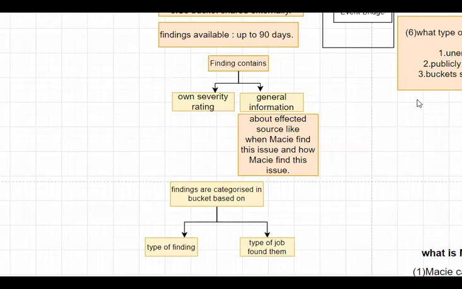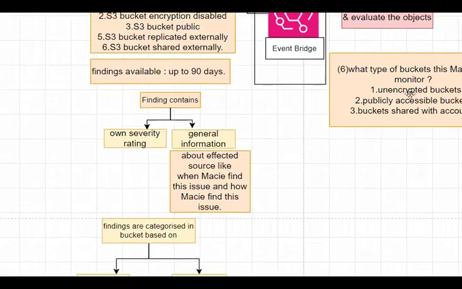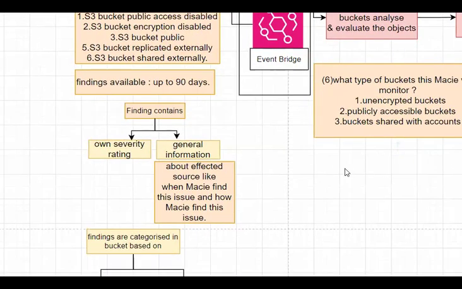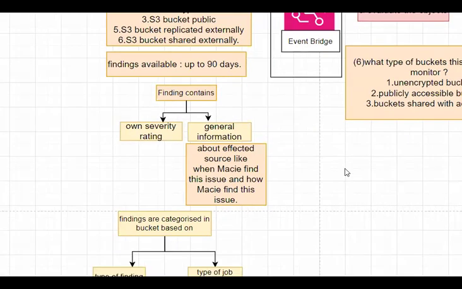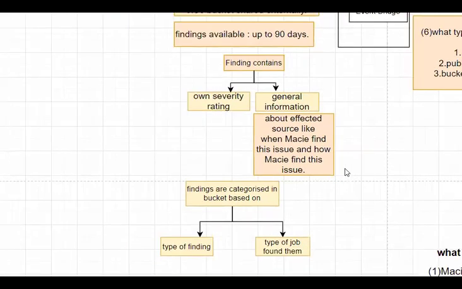Now let's see some more detail about what type of objects it is able to monitor. It can monitor both encrypted and unencrypted objects. Let's say I have an S3 bucket with different modes of encryption. Can Macie read and analyze my encrypted objects present in S3? The answer is yes.